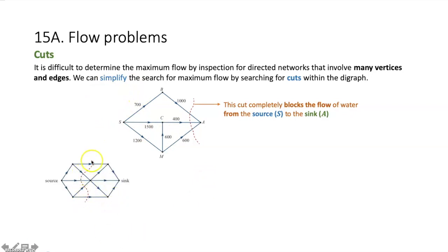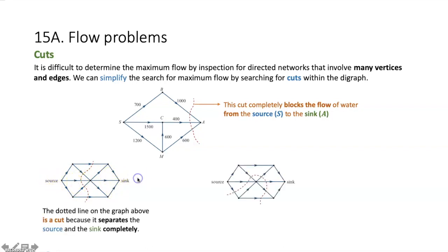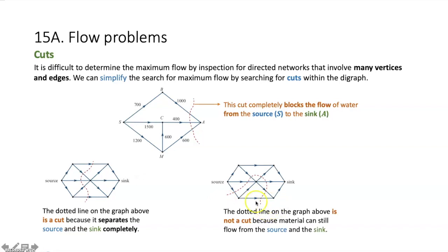Another example shows a cut completely blocking the source from the sink. The last example, the dotted line on the graph above, is not a cut because the material can still flow from the source to the sink from the top here.